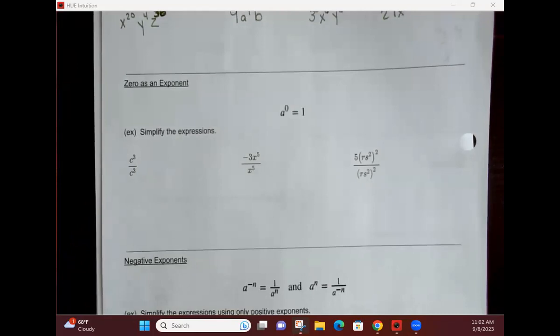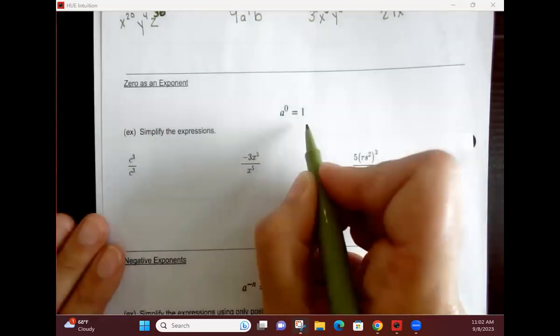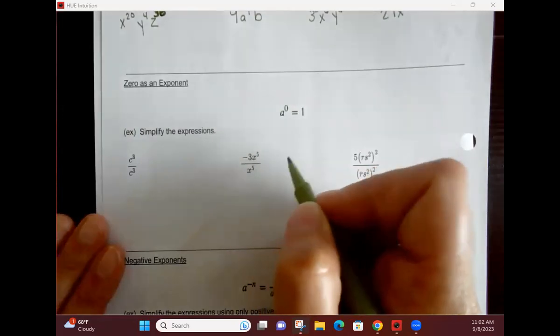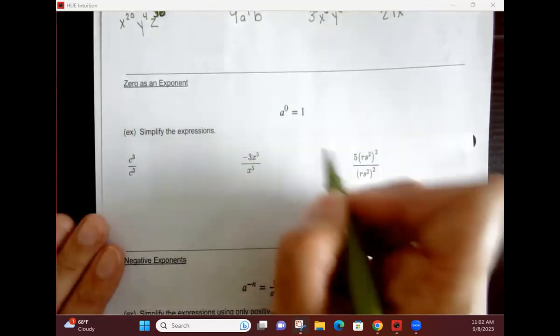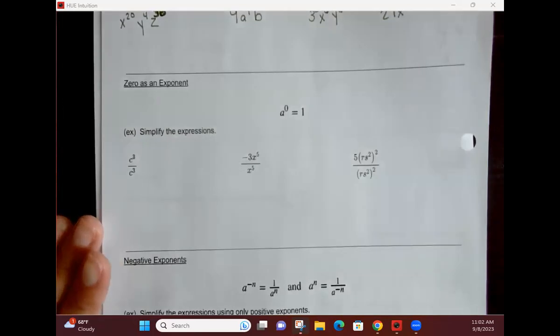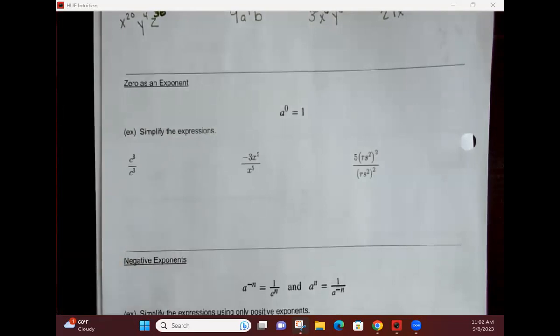In some fields of math, physics, some of those more math and science places where those two subjects overlap, there are contexts, sometimes computer science stuff, where this rule doesn't apply to 0. So there is a little asterisk here that says except in some cases 0 to the 0 power is undefined. In Algebra 2, anything to the 0 power is 1. We won't run into those cases where we're worried about 0 to the 0 power being undefined.